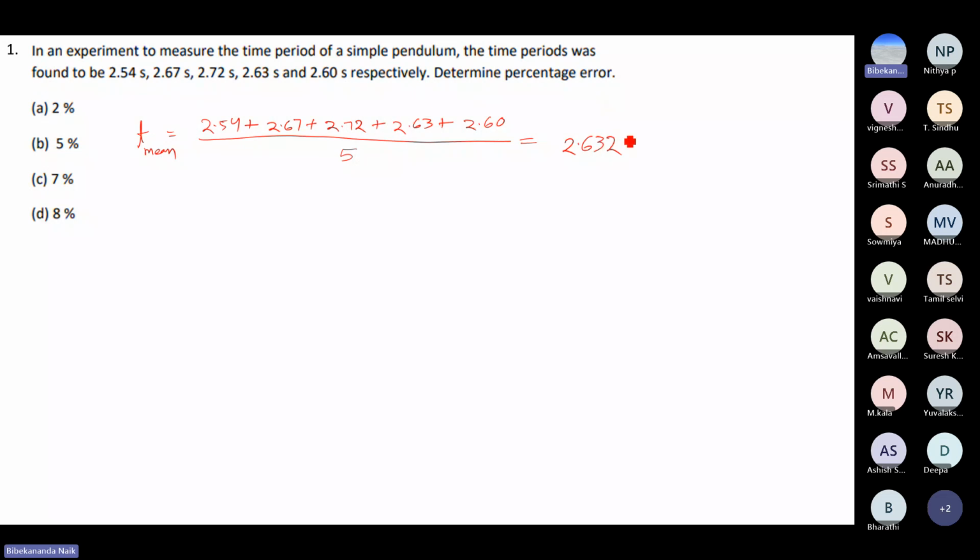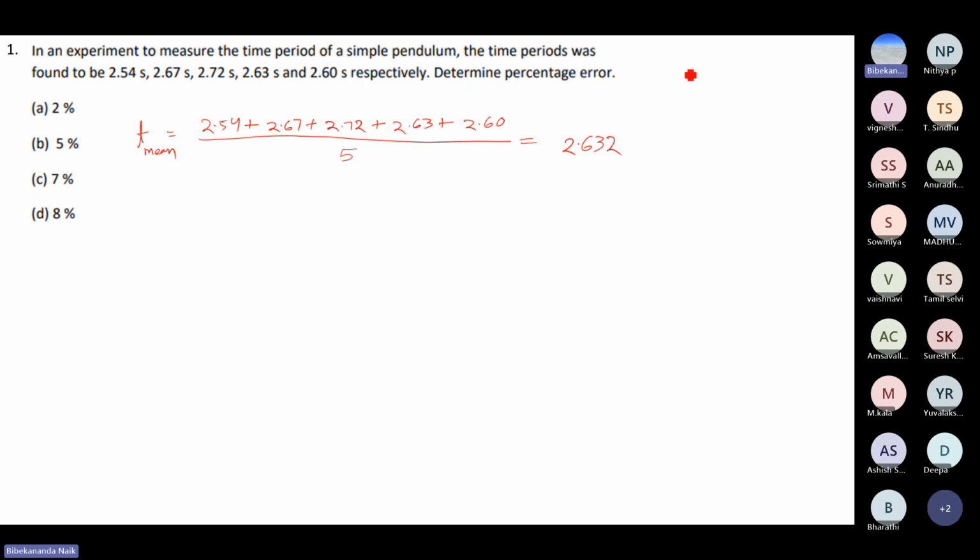So should we consider this value 2.632 or not? When you calculate the mean value, there will be more decimal digits because these are not divisible by 5 up to the second decimal place. So we will be having 2.632. But if you see these readings, 2.54, 2.67, you can clearly see the readings we are getting have significance up to 2 digits after the decimal point.